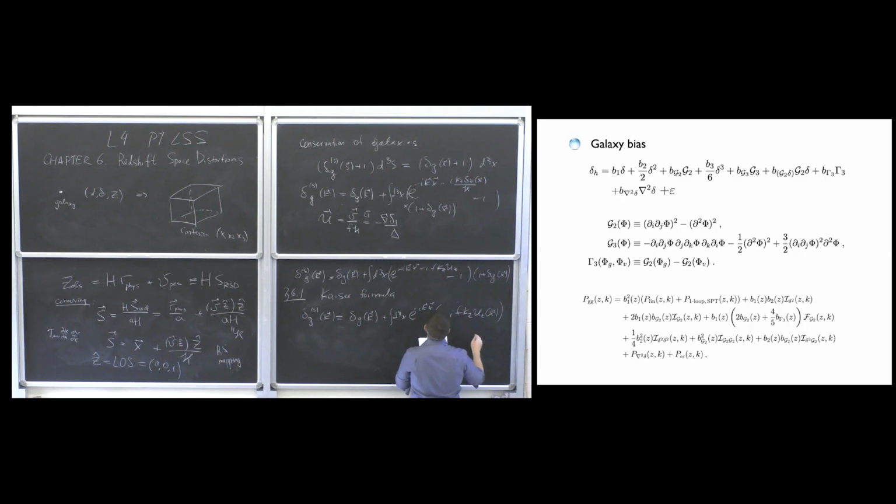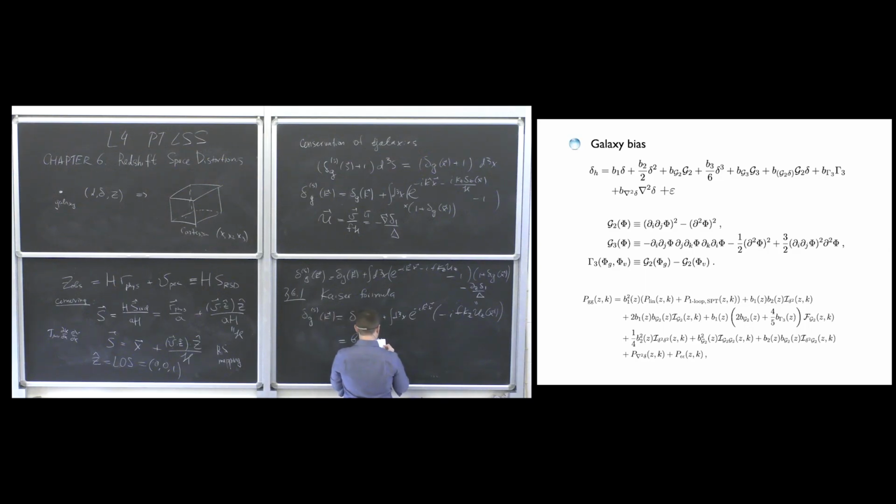Now, as I wrote above, uz of x is minus dz delta 1 over Nabla squared, and we have a nice Fourier transform that will allow us to rewrite this Laplacian as just 1 over k. So altogether, here at linear order, we can use the linear theory prediction b1 times delta 1 of k.